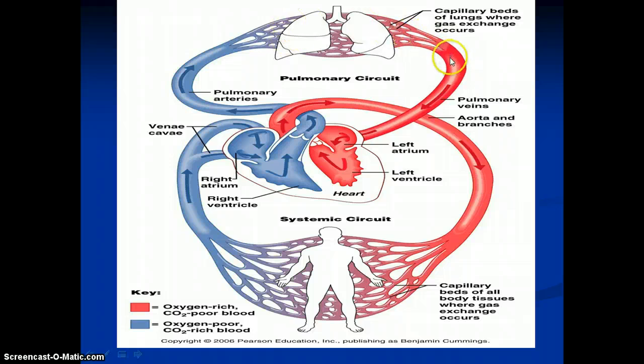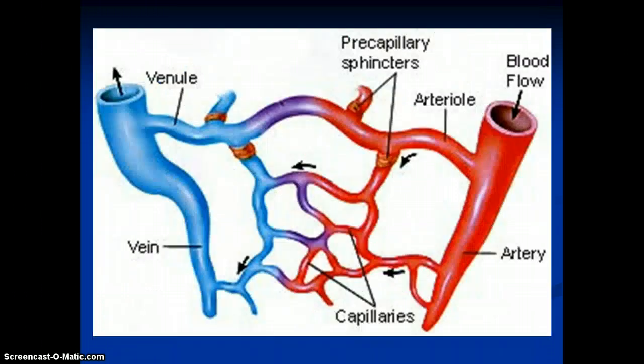Now you have oxygen-rich blood entering the heart through the pulmonary veins and into the left atrium, through the left ventricle, out of the aorta and branches to the rest of the body, to where through capillary beds of body tissues, gas exchange occurs again. What this means is oxygen is being given to the tissues, and waste, basically CO2, is being taken from the tissues and being brought back through veins to the heart for the cycle to be continued again.